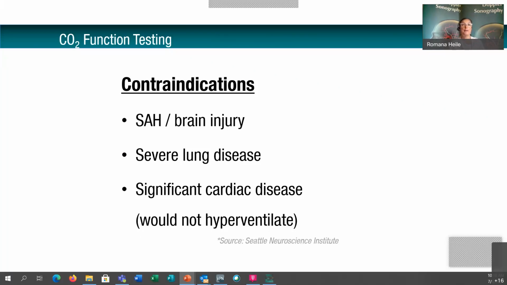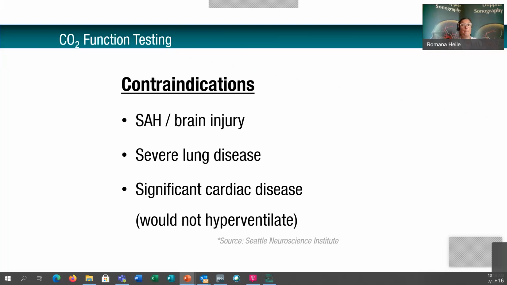So we have people with brain injury or after subarachnoid hemorrhages. If we were to do, for instance, a breath holding or a hyperventilation, that would most probably lead to rebleeding of this kind of injury. So that would be a contraindication.